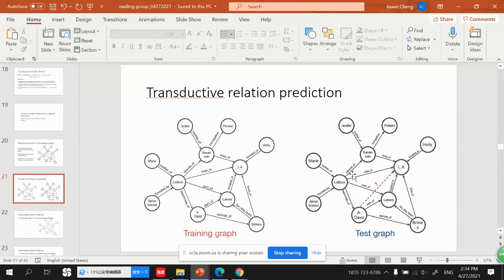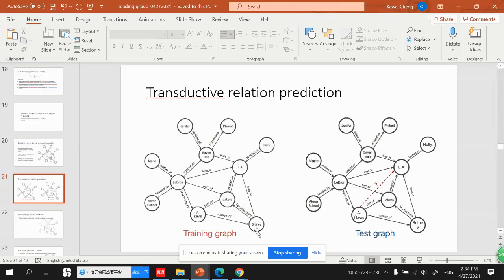But most of the current methods for knowledge graph link prediction can only handle transductive relation prediction. So what do we mean by transductive relation prediction? Let me give an example to illustrate it. For example, we have a knowledge graph as shown in the slides.